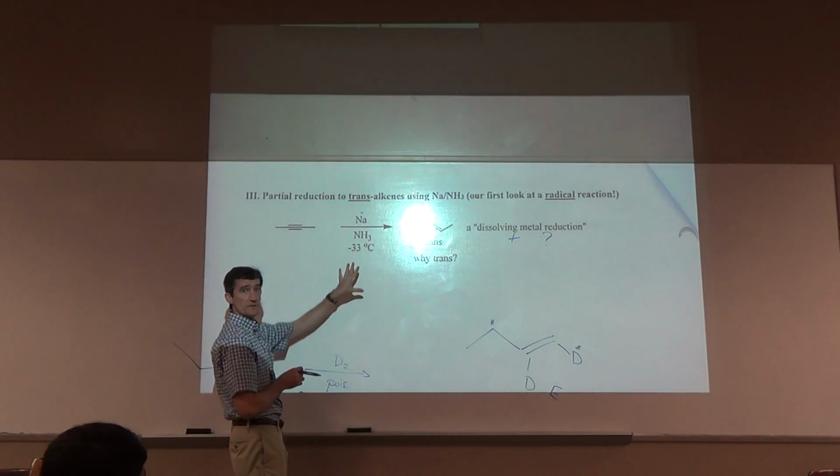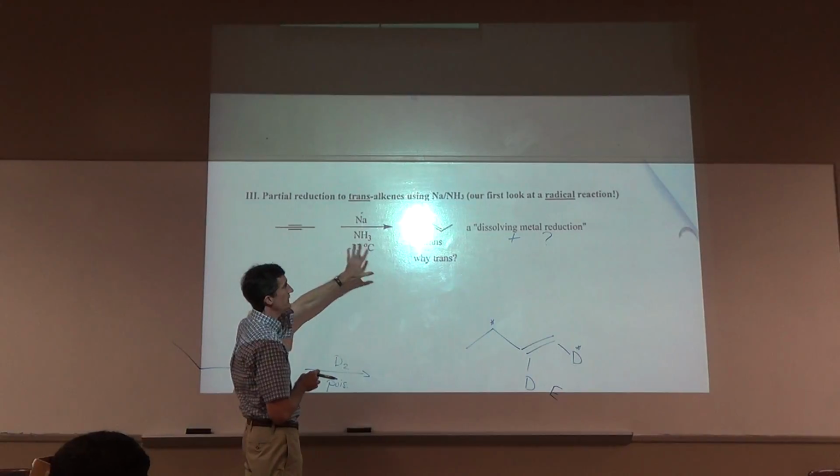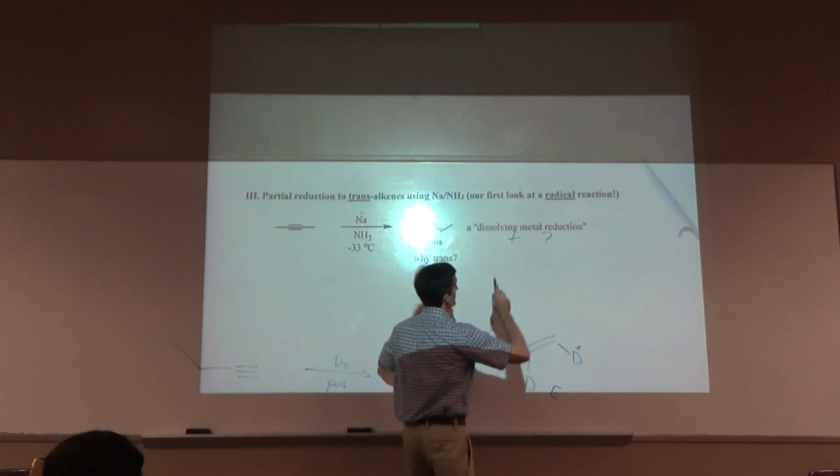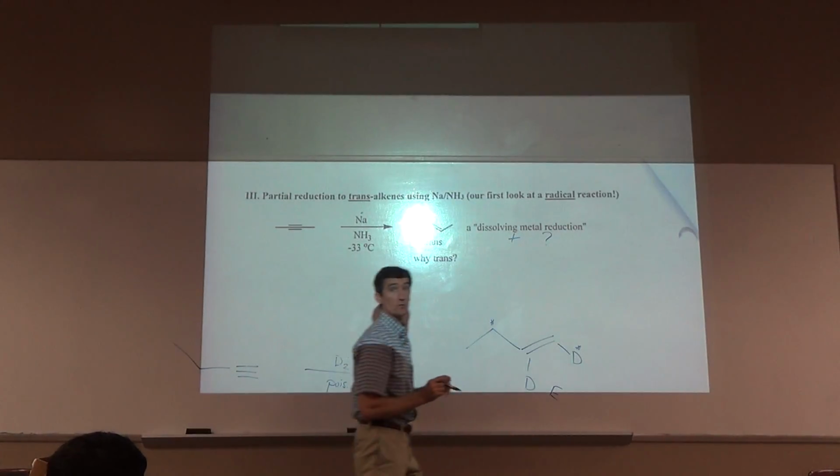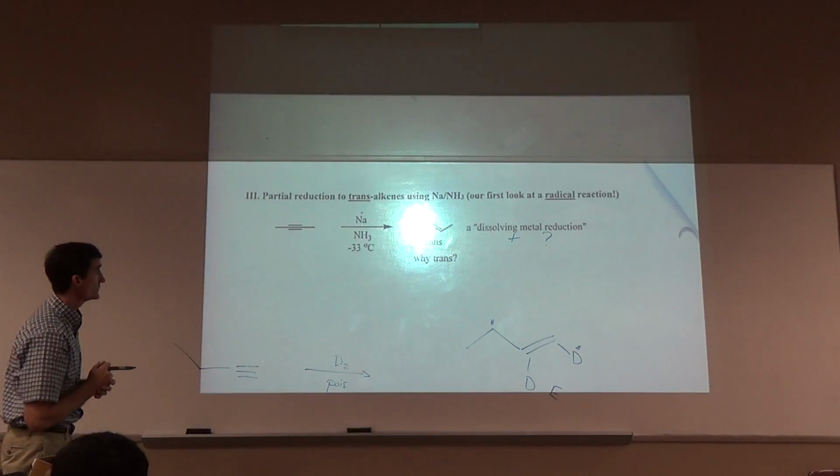So let's look at this mechanism. This is how you make trans alkenes from alkynes. This is actually our first look at a radical mechanism, a radical reaction.